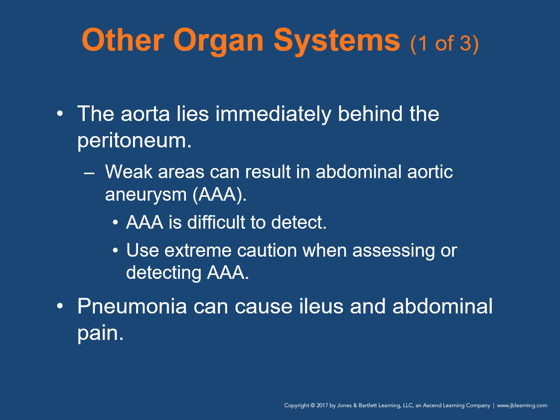Some of the other things to consider with other organ systems in the abdominal cavity is the fact that the aorta lies immediately behind your peritoneum, that lining. And when you have a patient who has an abdominal aortic aneurysm, or a AAA as they like to refer to it, it is an aneurysm of the aorta in the abdominal cavity.